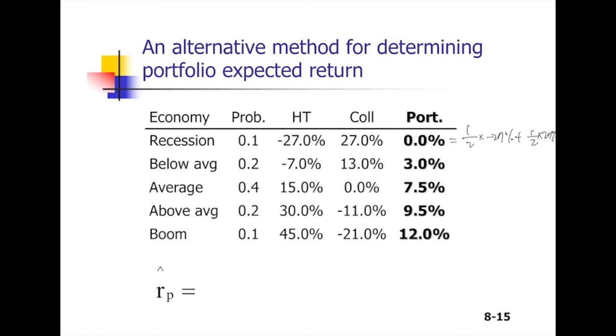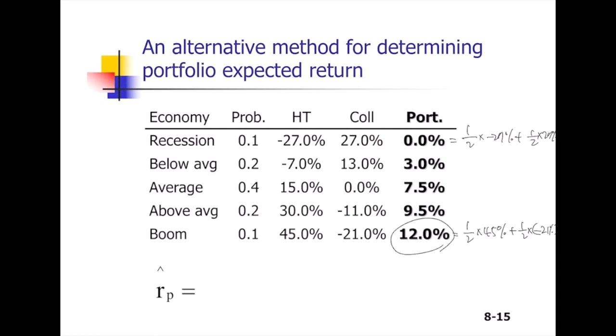And I can show you the rest of the cases, the weight of each stock and expected return is 40%, 45%, minus 21%. Finally, you get this number, right?